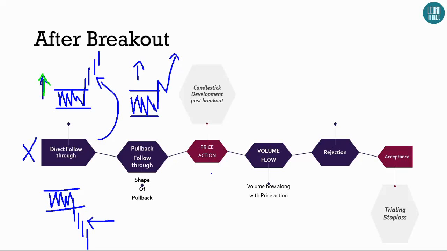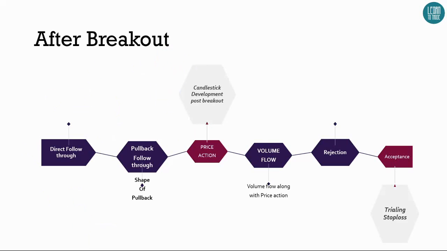Next is the price action which is getting developed. Especially in this case, we need to look at two different phases of price action. One, when price is inside this sideways balance. Two, once price makes a breakout and starts moving towards the upside, we need to look at the price action which is getting developed.